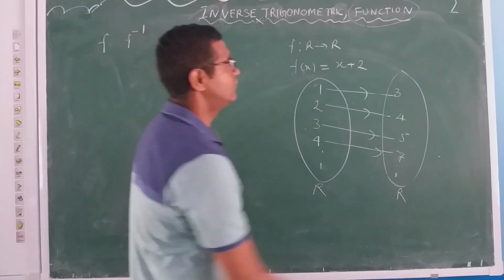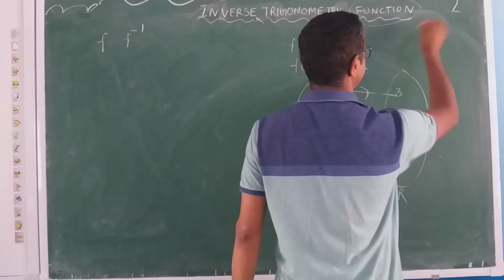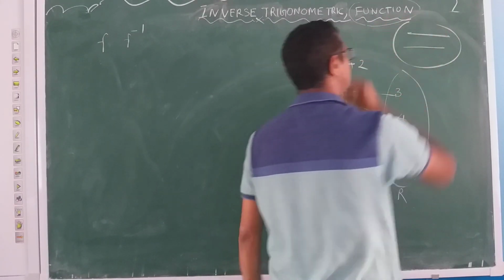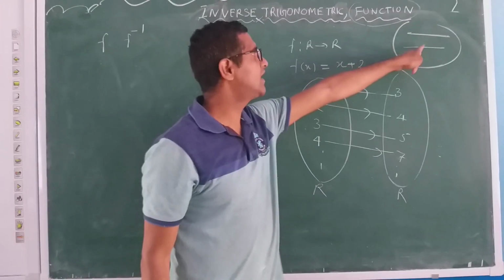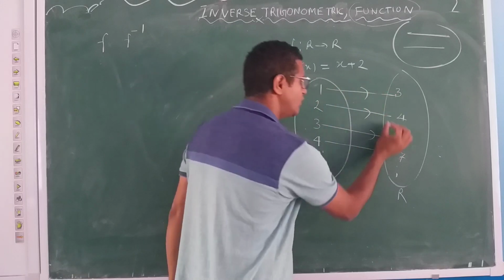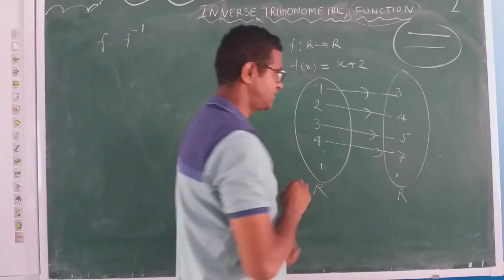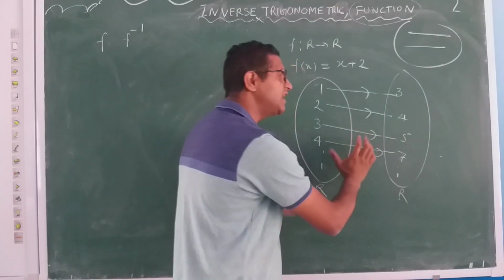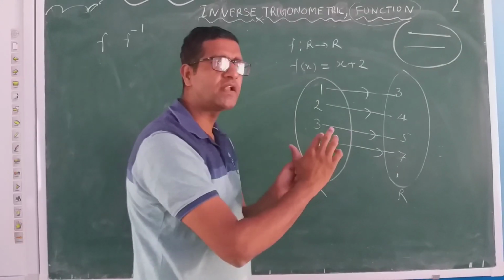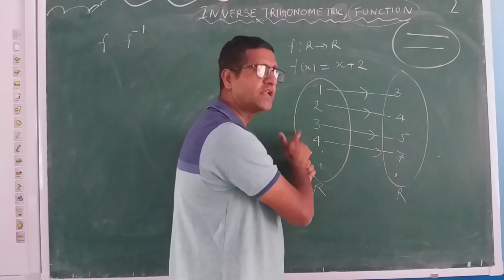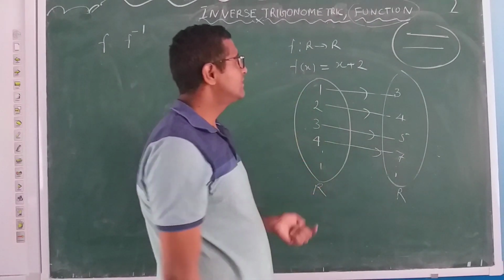One-one means one element has a unique image. And the whole codomain is the range, meaning nothing is left in the codomain. Every element of the codomain has a pre-image in the domain.